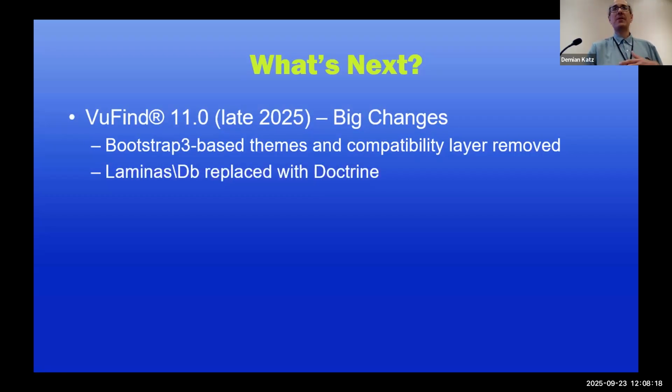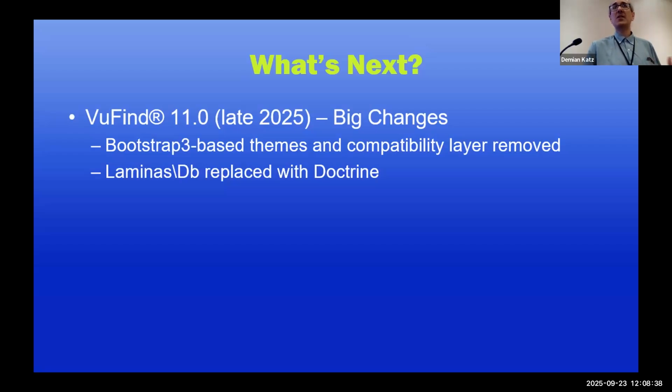Additionally, we finally got rid of the Laminas DB database abstraction library, and have replaced it with Doctrine. I feel really good about this. The code is more readable. The tooling is great. It actually highlighted some minor flaws and inconsistencies in our database schemas that no one had ever noticed before.